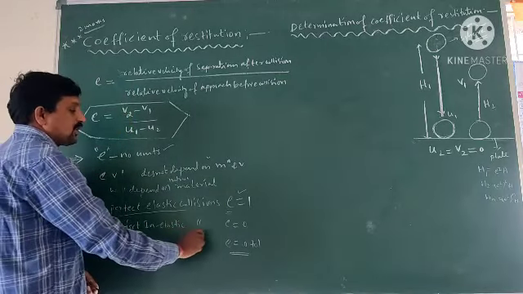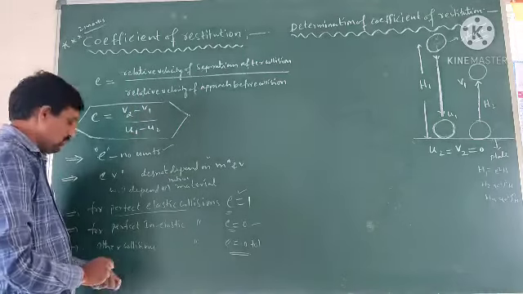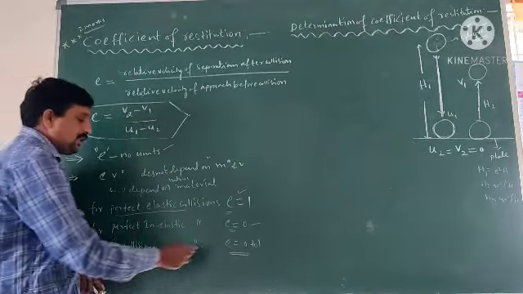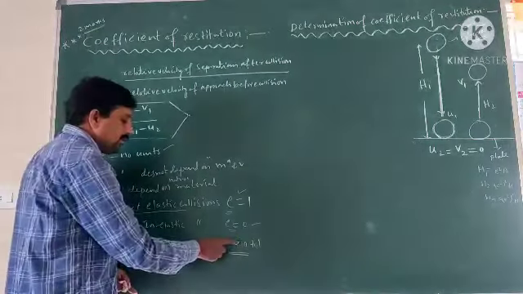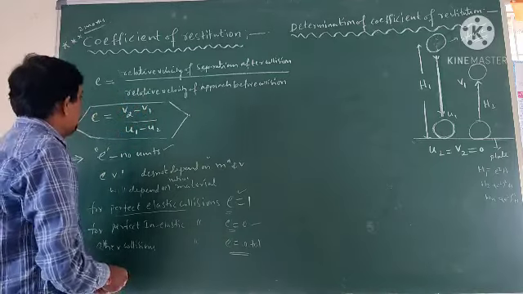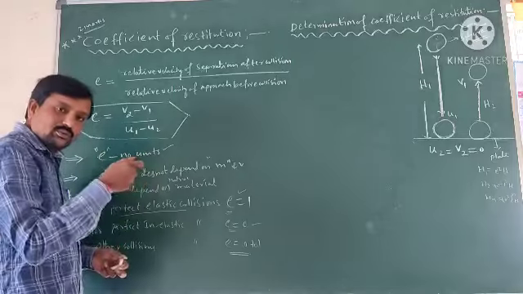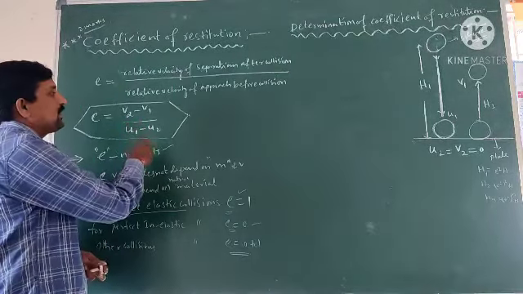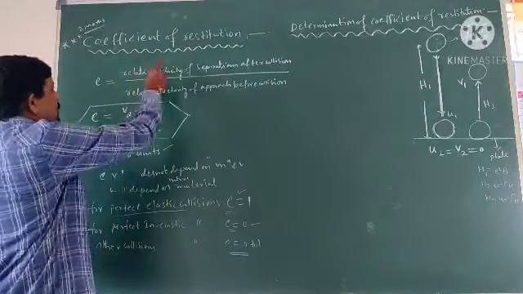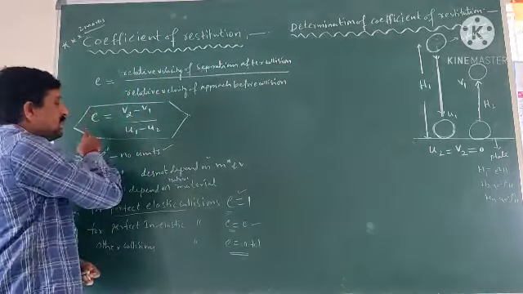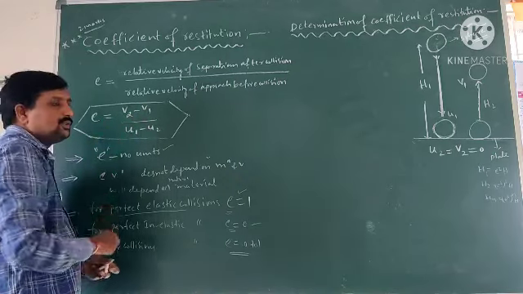For perfect inelastic collisions, e is equal to 0. For other collisions, the e value is between 0 and 1. So the ratio of the relative velocity of separation after collision to the relative velocity of approach before collision is called the coefficient of restitution, denoted by small e. e is equal to v2 minus v1 by u1 minus u2.